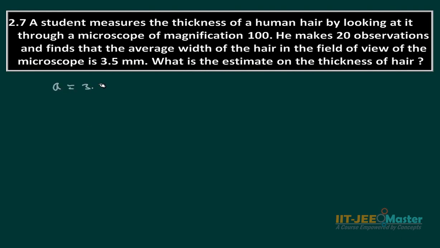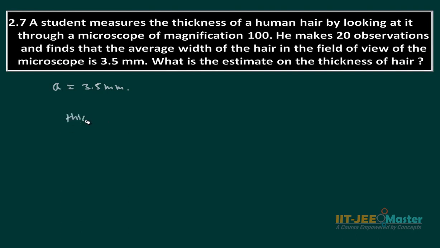is 3.5 millimeter, which is very near to the true value, as we know according to rule of errors. And a magnification 100 gives information that the microscope gives linear magnification of 100, so size is increased by 100 times.